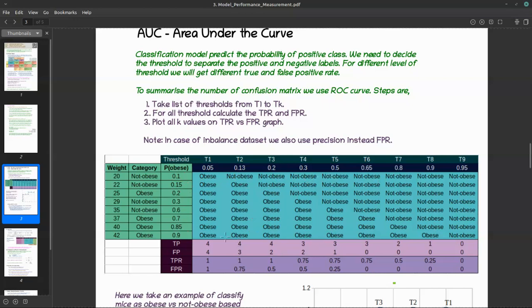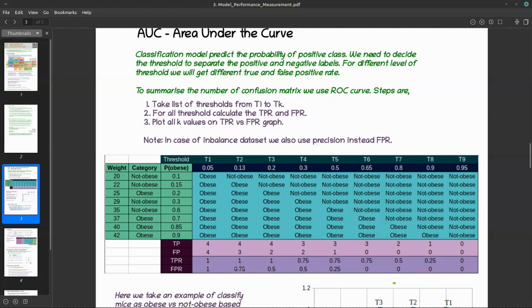So what I'll do, for each threshold, I will calculate the true positive rate and false positive rate. How many true positives am I getting and how many false positives am I getting? True positive should be highest and false positive should be lowest. So if TPR equals 1 and FPR equals 0, it's good. False positive I am not getting anyone, and true positive I am getting everything.